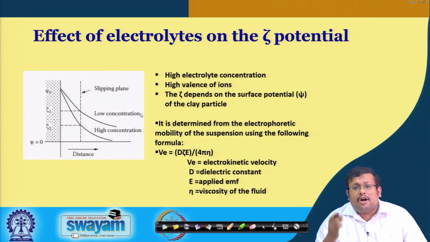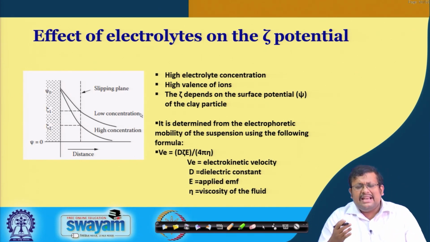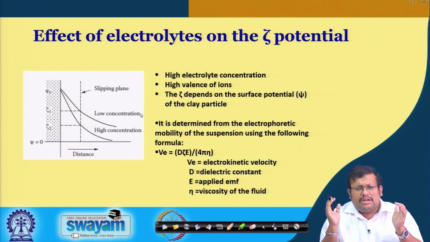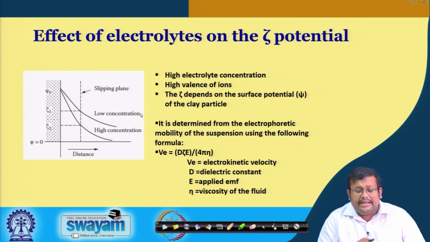Now, zeta potential also decreases with high electrolyte concentration and the valency of ions. If we apply trivalent cations, then the thickness of the diffuse double layer will decrease, and as a result the zeta potential also will decrease.